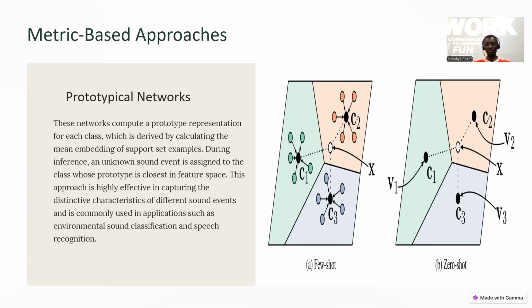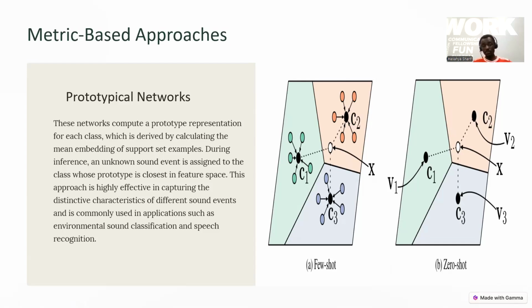They are mainly in two categories, that is few-shot and zero-shot, whereby in few-shot, as you can see in our picture, we have three classes, C1, C3, and C2. These classes represent each prototype. And a new event X is classified based on its proximity to the nearest prototype. And here the model has seen a few examples.